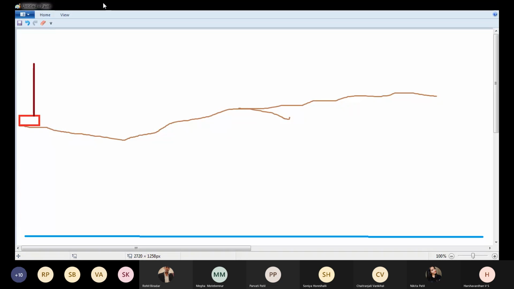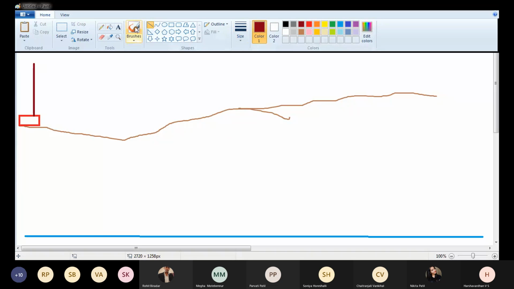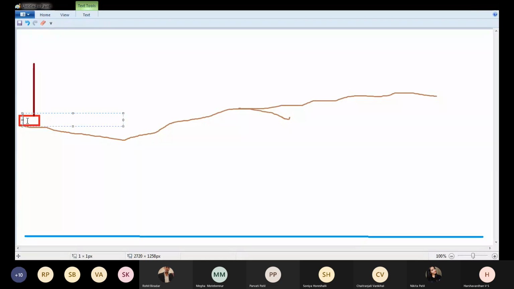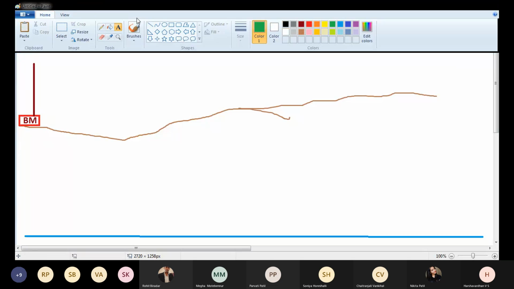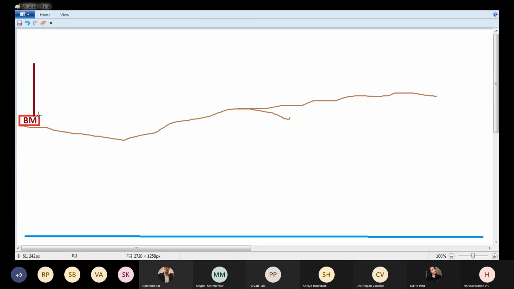Okay, so this is my benchmark. I've assumed its RL as 100 meters. So this vertical distance from the datum, the blue color line is datum, is known and it is equal to 100.